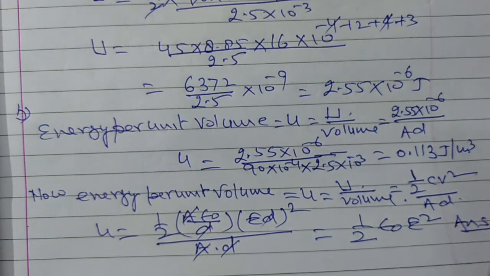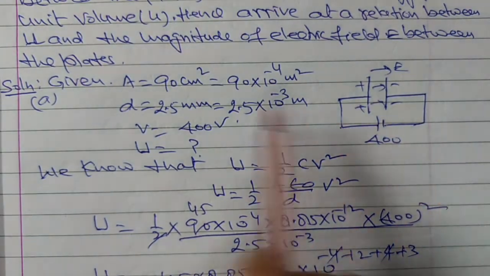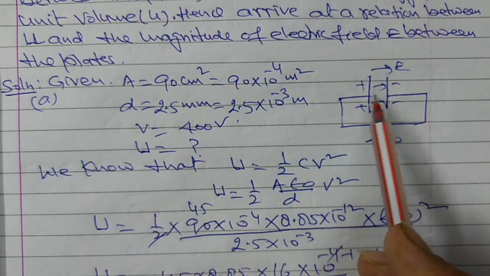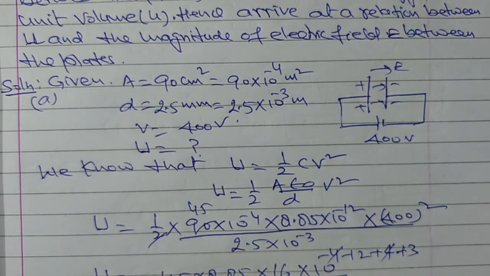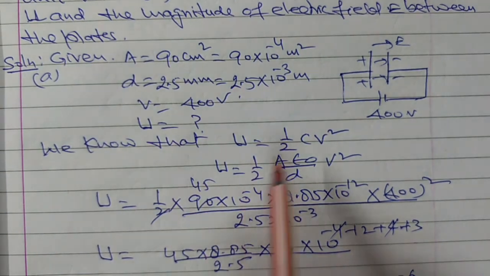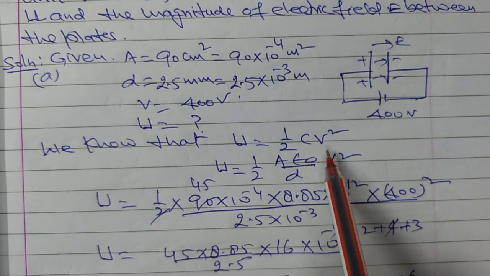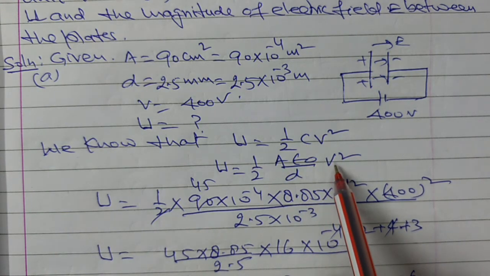तो क्वेश्चन में हमने क्या किया, क्वेश्चन में कहता है ये parallel plate capacitor, area is this, separation is this, and this capacitor is connected with a 400 volt supply. Now find the energy stored by the parallel plate capacitor. आप जानते हैं U is equal to half CV square होता है, then C is equal to A epsilon naught upon D into V square.